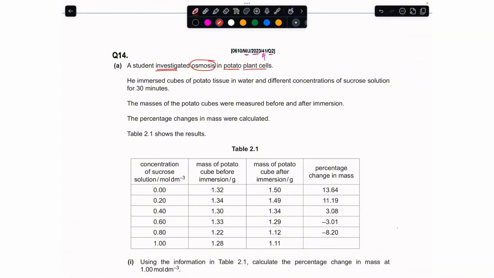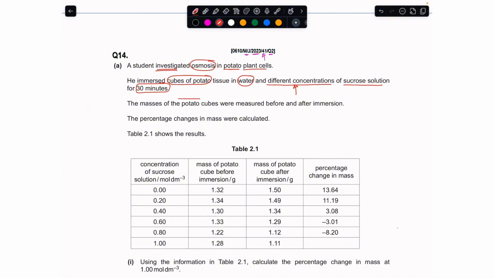Now what he actually did was cut cubes out of the potato and then immerse them in water that had different concentrations of sucrose solution, and then he kept these cubes of potato tissue for a total of 30 minutes in the water that has different concentrations of sucrose solution in them.